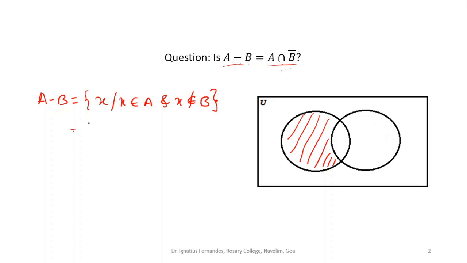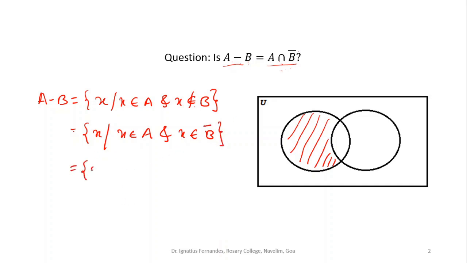So if I simplify this, these are all the x in A, and x is not in B. So if x is not in B, what does it mean? That x is in its complement. x is outside B, which means x is in B complement.